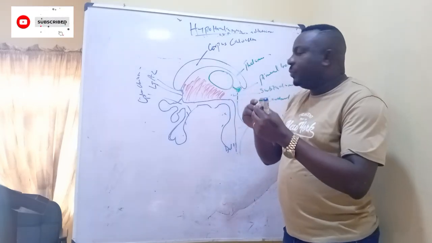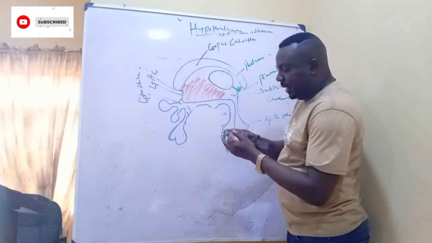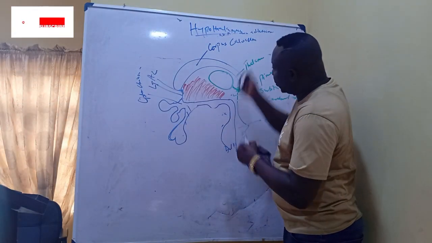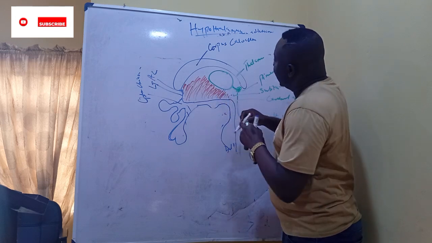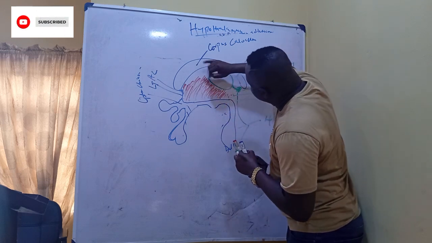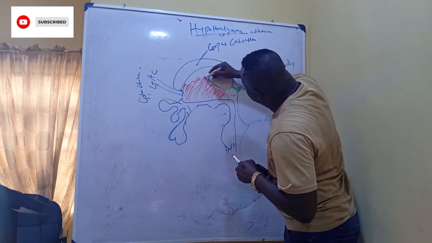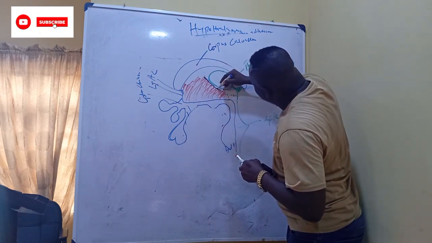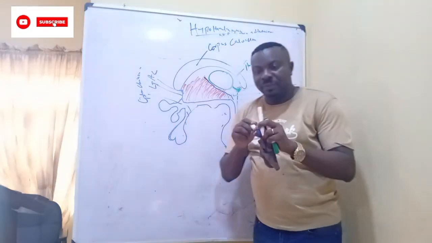Yes, sir. And then there is a sulcus, right? Yes, sir. There is a sulcus that separates the hypothalamus from the thalamus.